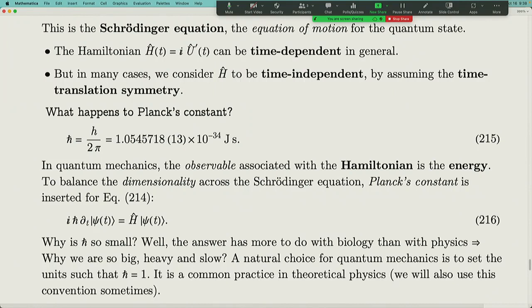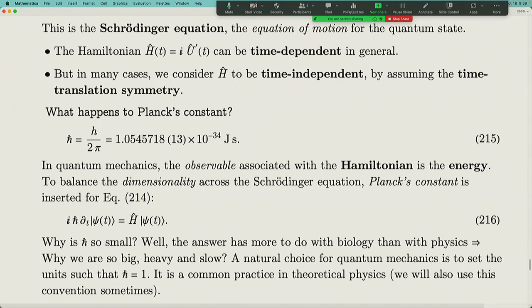The observable associated with the Hamiltonian is energy, so this side is energy, and on that side is 1 over time. So 1 over time doesn't equal energy, right? 1 over time times the Planck constant has the same dimensionality as energy. So that's why people introduce this Planck constant just as a factor.